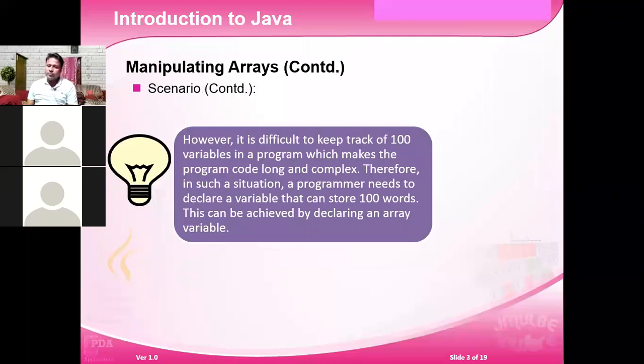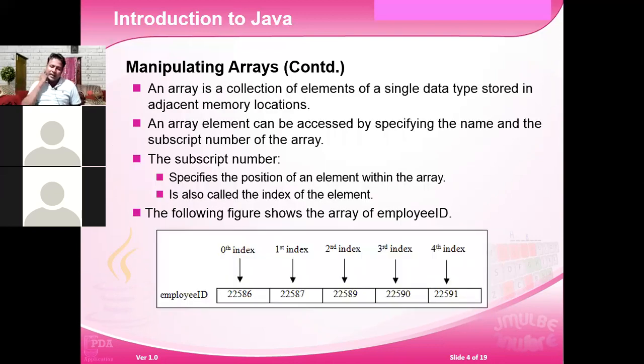So now it is very difficult to keep track of 100 variables in a program, which makes the program code long and complex. Therefore, in such a situation, a programmer needs to declare a variable that can store 100 words. This can be achieved by declaring an array variable. So array is what?